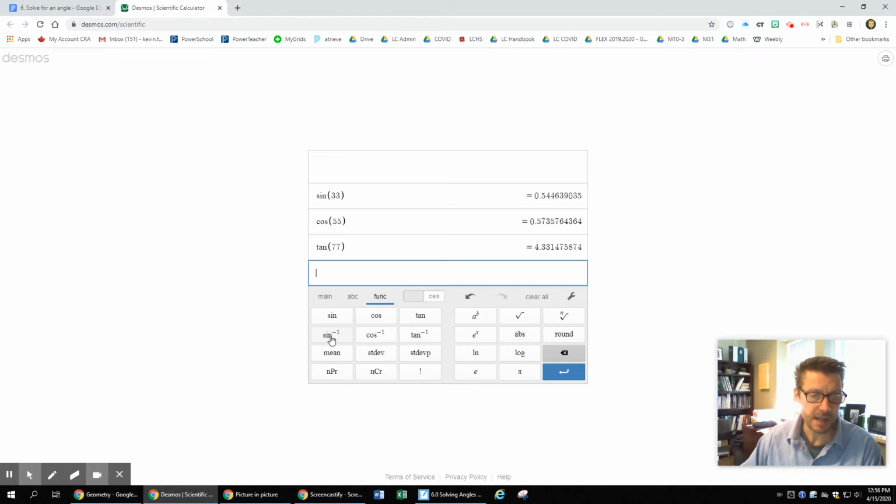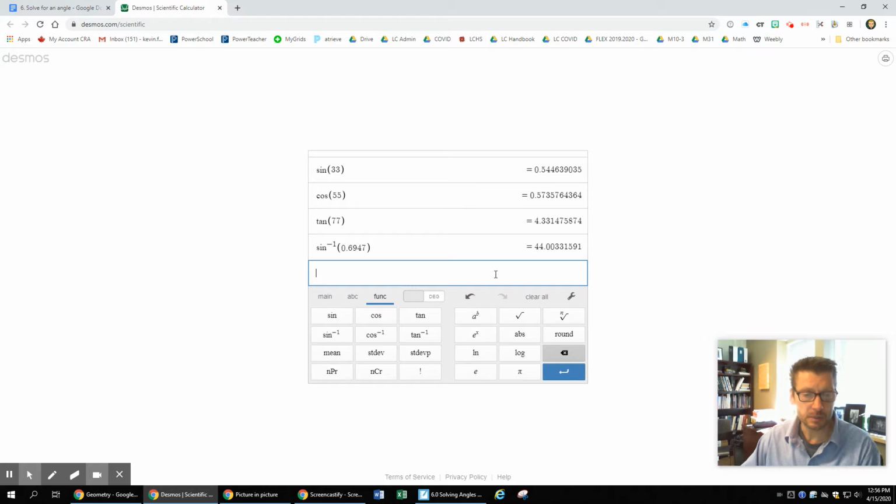So now when I look at example A, I want to find the angle if the sine ratio is 0.6947. I type in the ratio in reverse order, and it tells me my angle is 44 degrees.